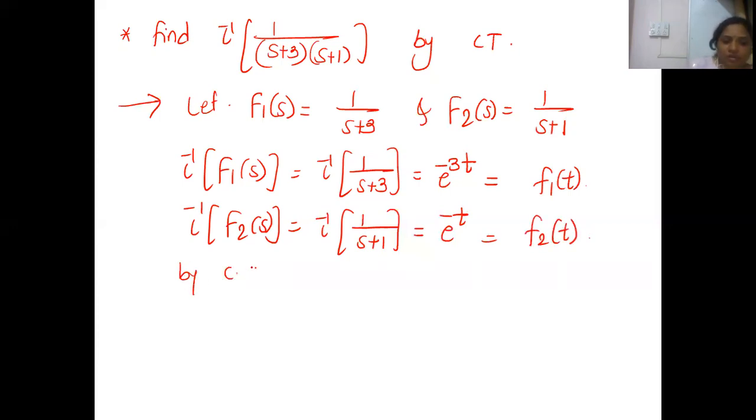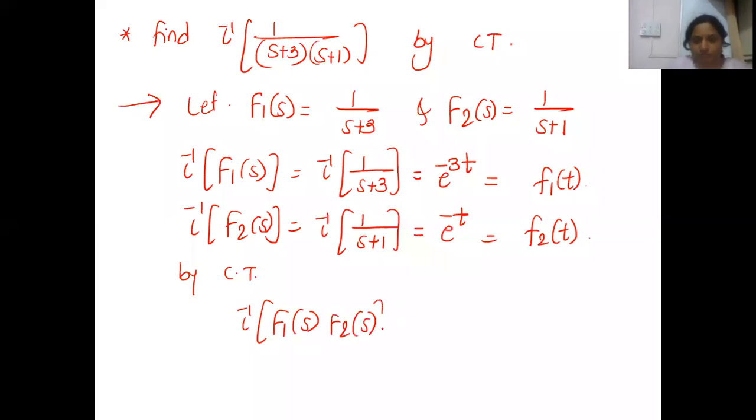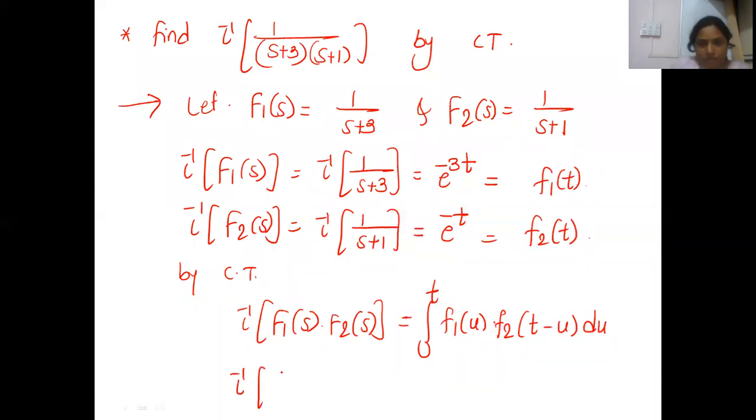So now by convolution theorem, Laplace inverse of F1(s) into F2(s) is equal to, tell me the statement, integration from 0 to t, F1(u) into F2(t minus u) du, correct. So that is Laplace inverse of F1(s) into F2(s). Do that multiplication, 1 upon s plus 3 into 1 upon s plus 1 is integration 0 to t F1(u).